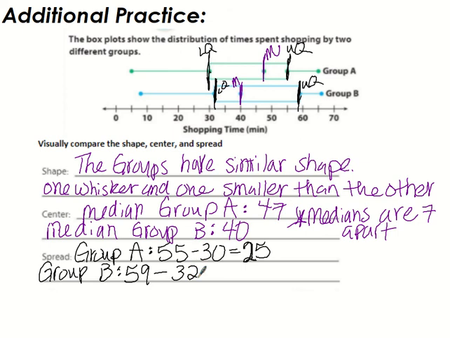I think that's good, 32. And so we would subtract those, and we get 27. And so they're actually really close. Spread is close, right? Similar. They actually have a very similar spread, which is what we said in the beginning, that they are similar.